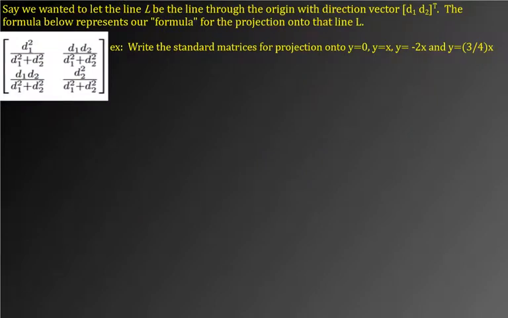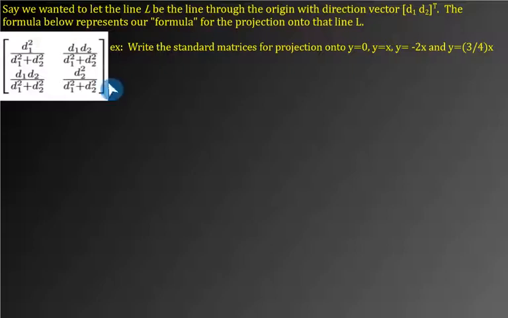All right. So let's go back to this little matrix that we built up last time and say something really important about standard matrices as well. This was the matrix that we get for some arbitrary line L through the origin that has direction vector d1, d2. This formula is basically a projection onto that line.